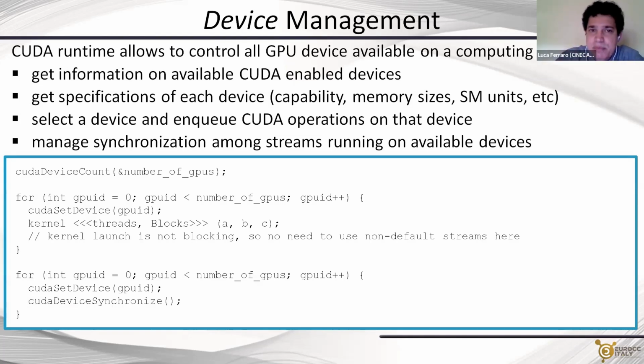For example, it provides APIs to get information on available CUDA devices and their specifications, such as compute capability, the global memory size, how many streaming multiprocessor units they have, and so on, so that you can make runtime choices of kernel launch details, for example, the block sizes, the chunk sizes, and so on.